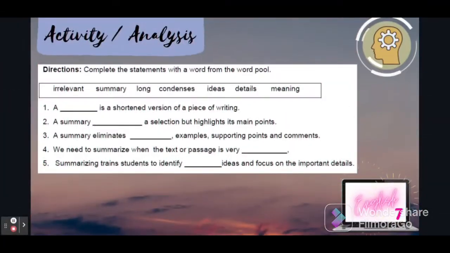Have our second activity. Directions: complete the statements with a word from the word pool. You are given a minute to do it, and your timer starts now.